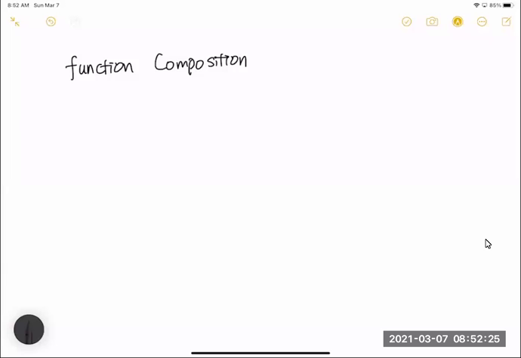Okay, so we're continuing to learn function operation. Today we will learn a new one. It's called function composition. The notation is f compose g at x. Sometimes we write it in this way, f of g of x.